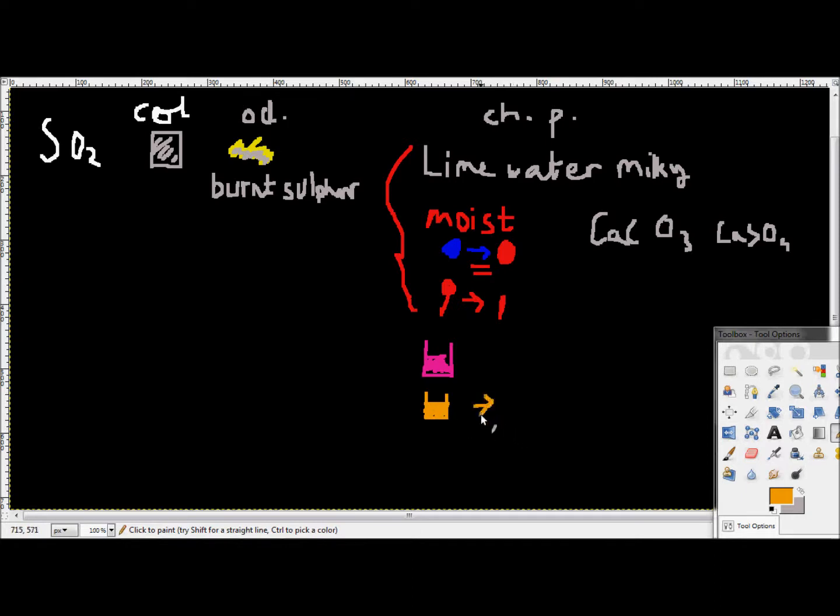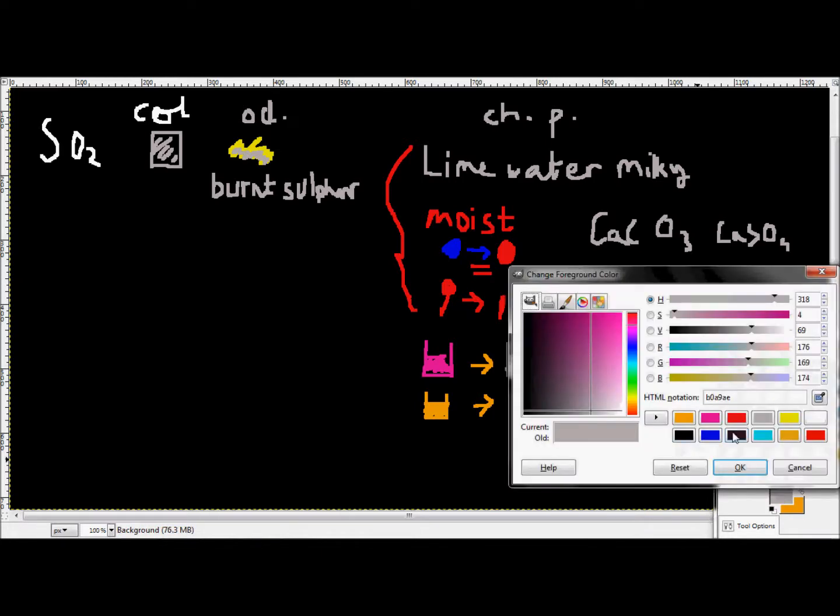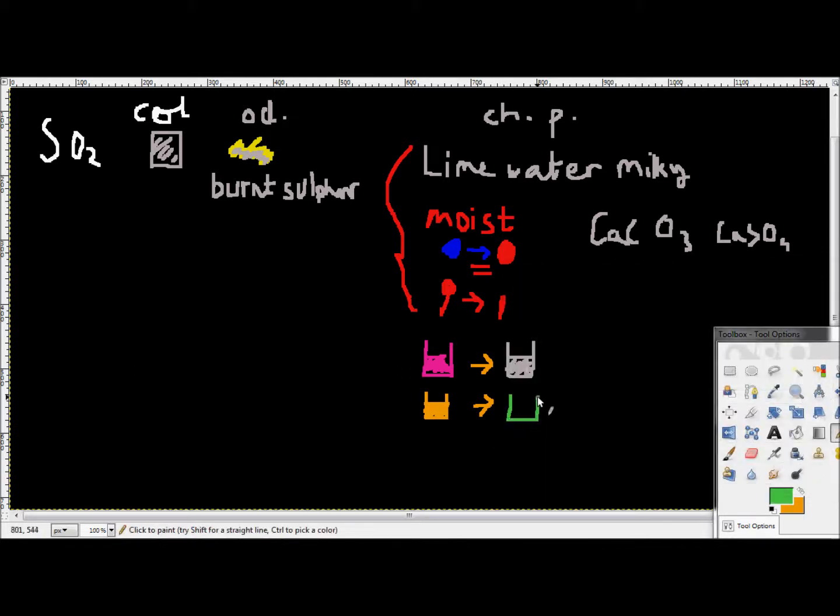But in the case of SO2, these are changes which take place. Colorless, it's not gray, it is colorless. And in the case of K2Cr2O7, it actually changes into a green.